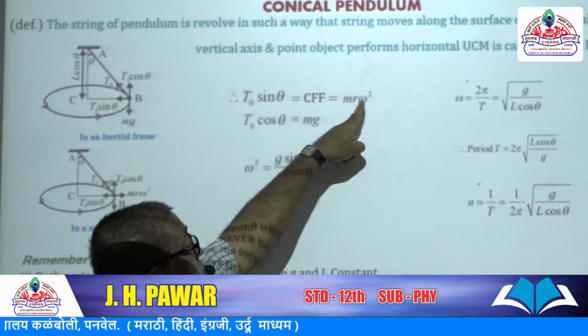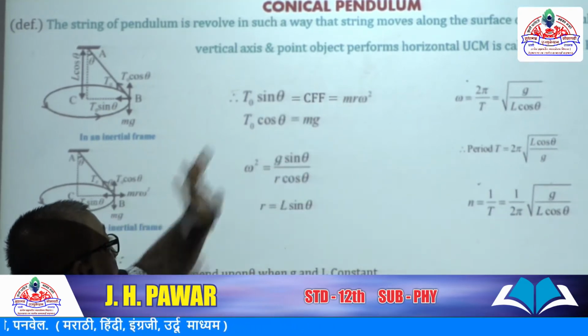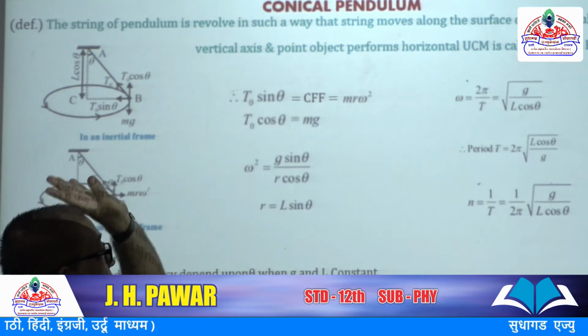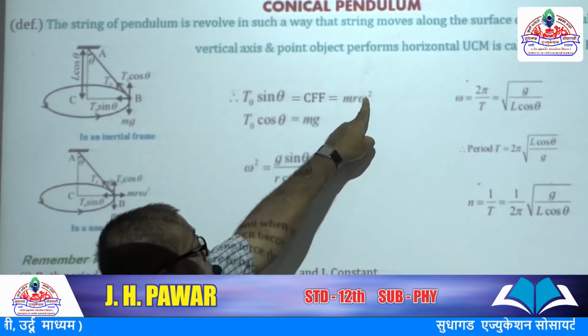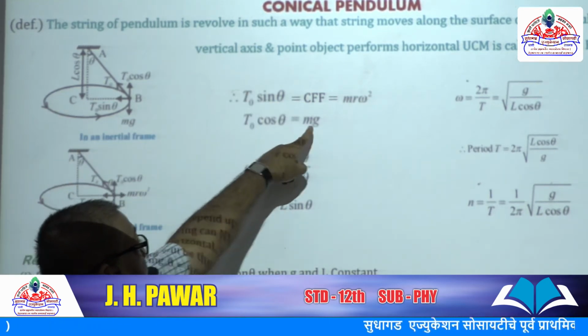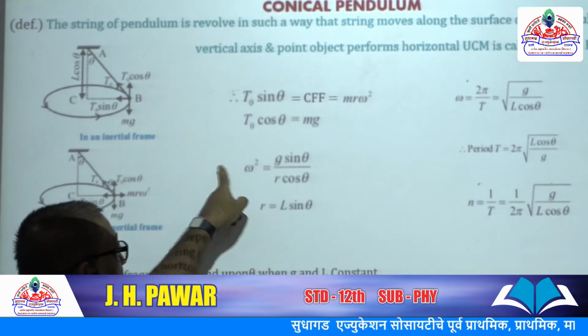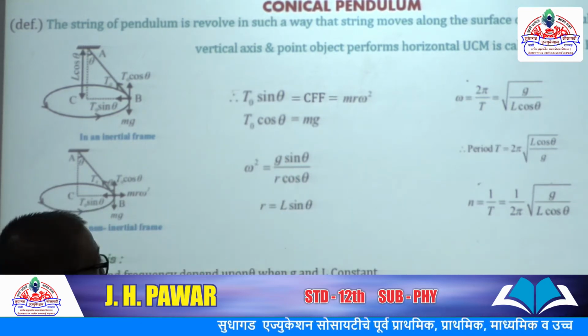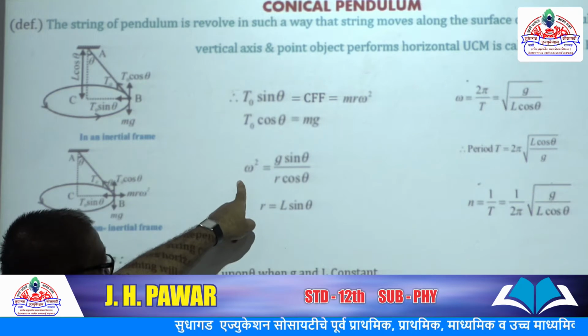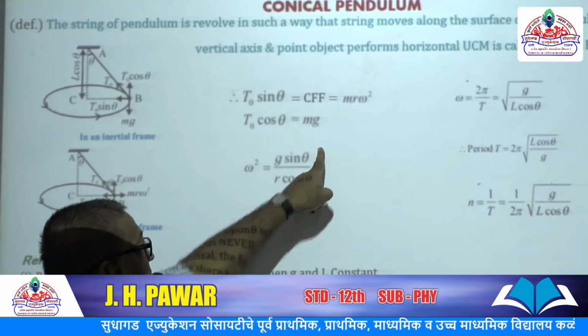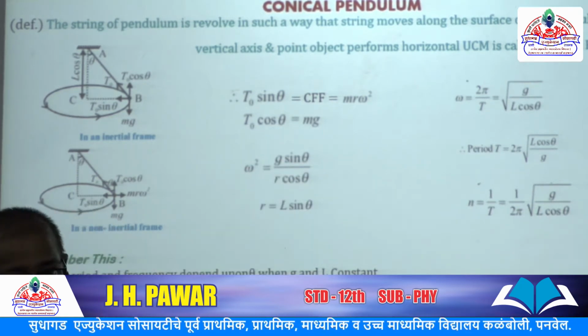So r omega square upon g equals sin theta upon cos theta. Taking omega square on one side, g is multiplied and r goes to the denominator. So omega square equals g sin theta upon r cos theta.